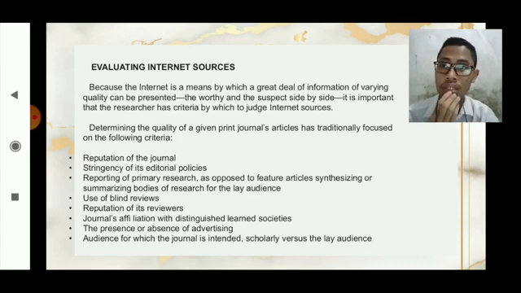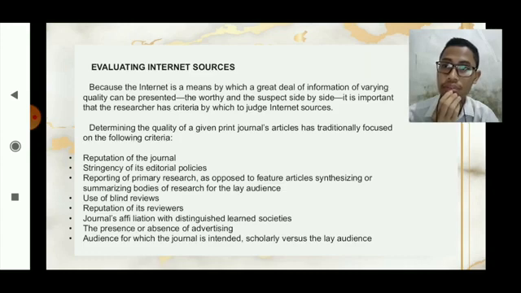One is the reputation of the journal. Two, stringency of its editorial policies. Three, reporting of primary research as opposed to articles synthesizing or summarizing bodies of research for a lay audience. Four, use of peer review.